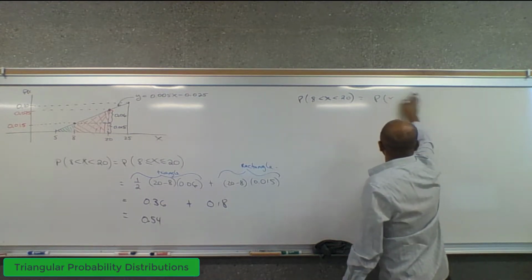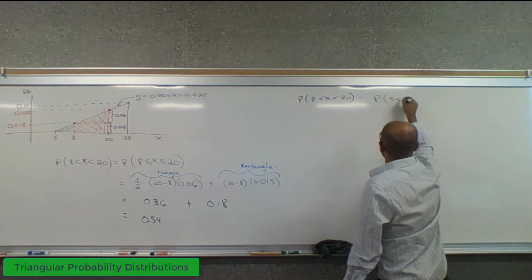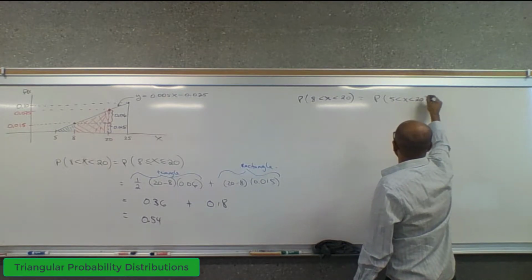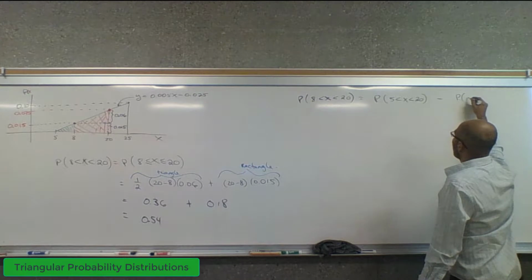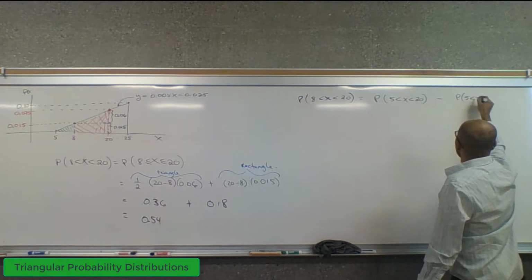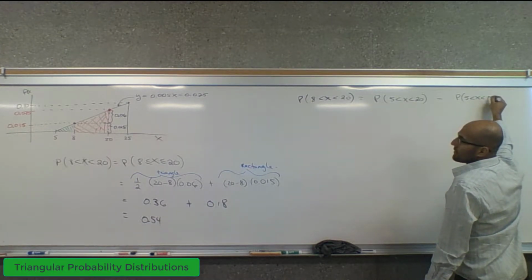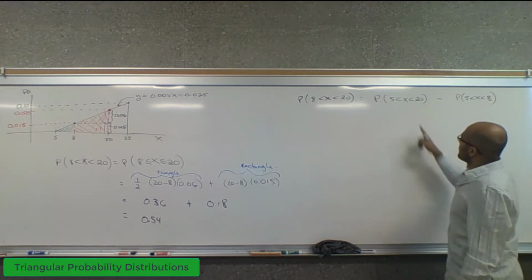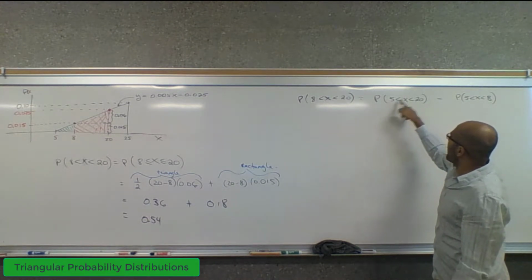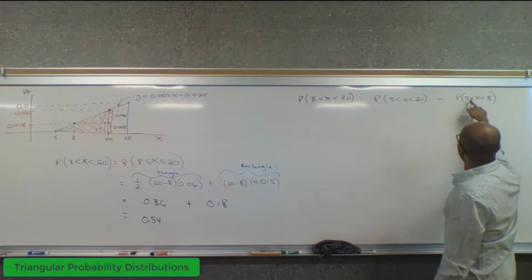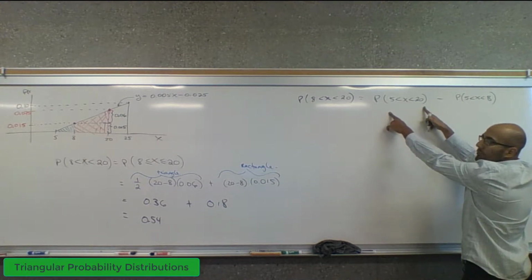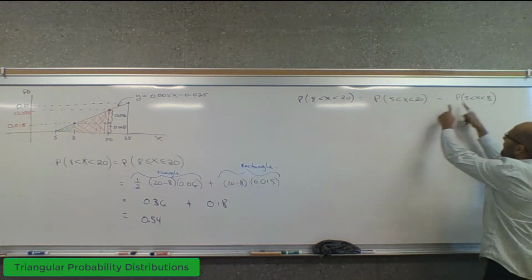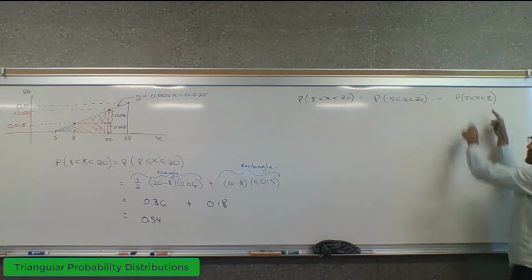Well, in fact, we can write that as 5 less than x less than 20, minus the probability that x is between 5 and 8. So between 5 and 20 minus between 5 and 8. So this is the big triangle, including both the green and the red, and this is going to be the triangle of just the little green.